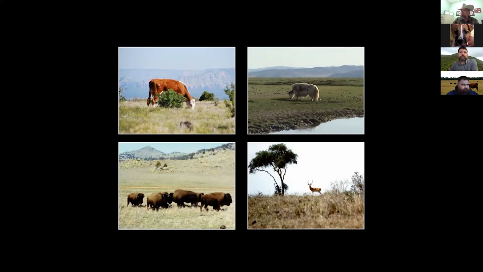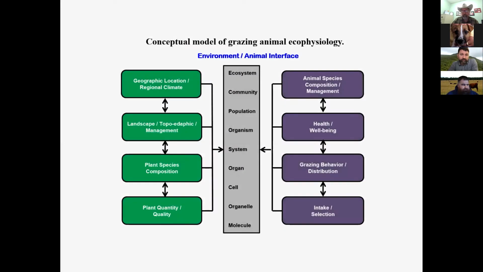These things are going to be pretty useful for anyone who is managing, researching, learning about, trying to steward resources that have to do with herbivores, grazing animals around the world. We're going to start with a little bit of science to kind of set the stage here.